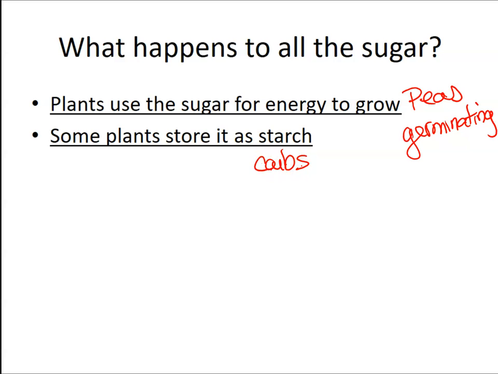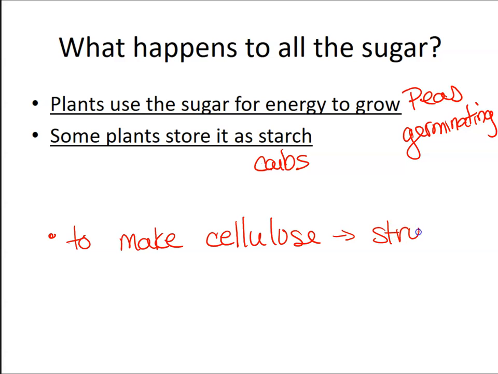Some plants will use it to make cellulose. As we talked about, cellulose is the carbohydrate for structure, right? To make cell walls, to make that tough material around the cells.